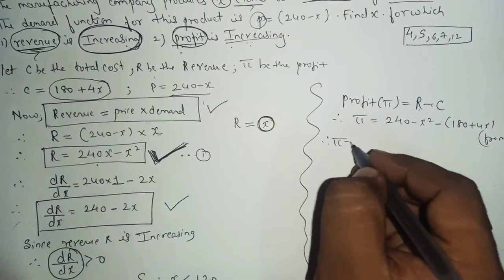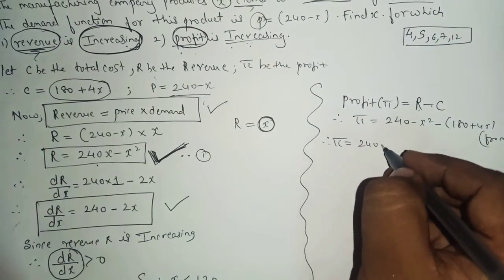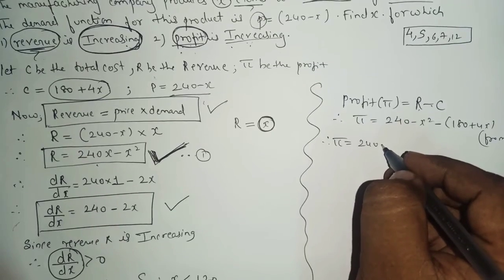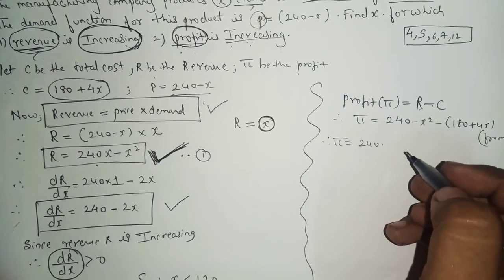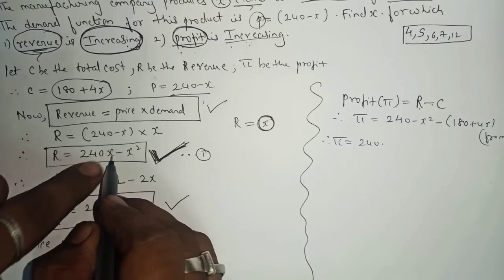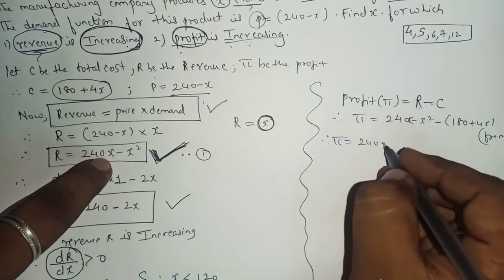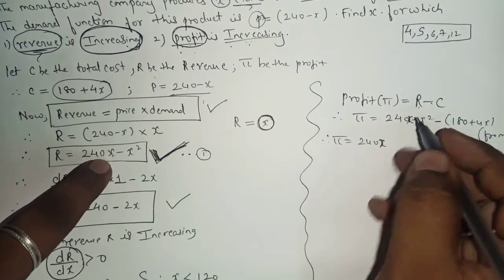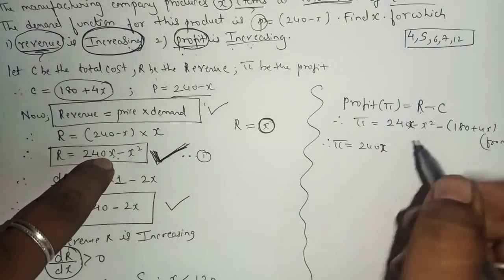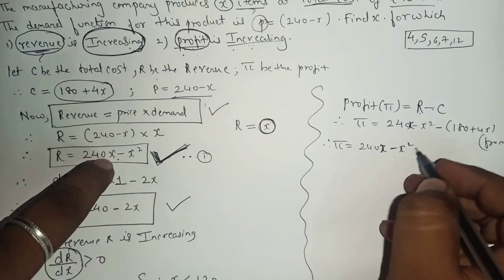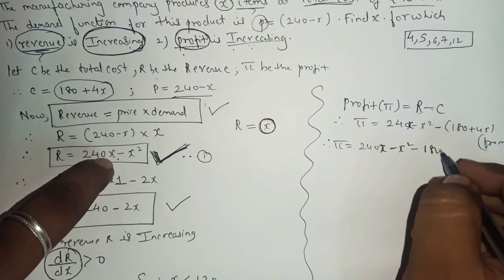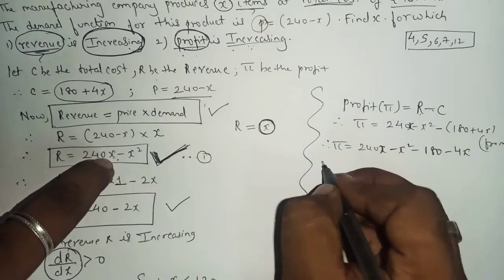In the next step you will write pi equals 240x minus x square, bracket open, 180 plus 4x.